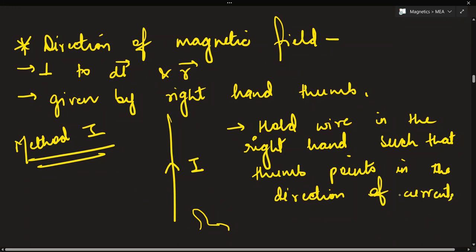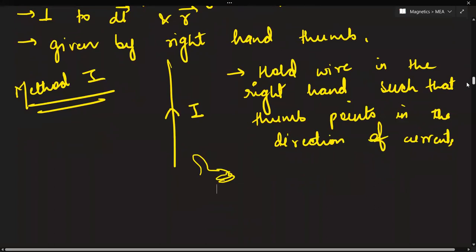Now the curvature of the fingers will point along the magnetic field. Whatever curvature these fingers have, this will give you the direction of magnetic field. If you hold the thumb, then your fingers will be placed like this.